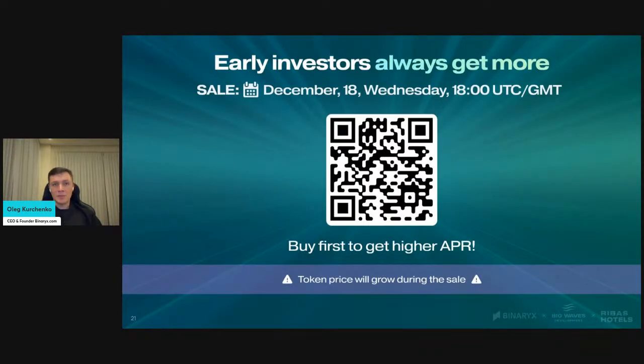The investments for that property will start tomorrow, and you can scan that QR code or go to binarix.com and start investing tomorrow when the timer finishes. So right now you have all the information and you have time for the decision. And I'm sure that it is a really good investment opportunity. And right now, guys, let's go to the questions.